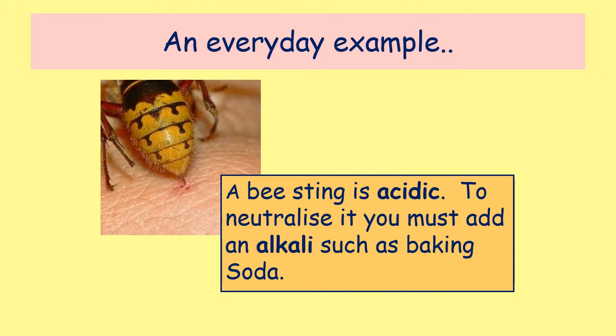If you got stung by a wasp and it was really hurting you, if you put toothpaste over the sting, it should help the pain go away quickly, because the alkali in the toothpaste would react with the acid in the sting and turn it into something neutral, and neutral solutions do not cause any pain.